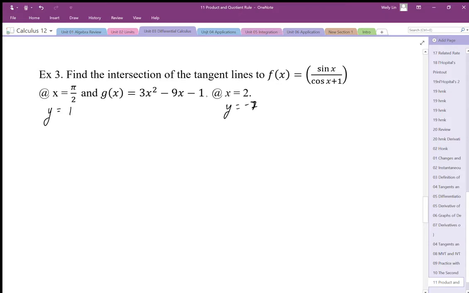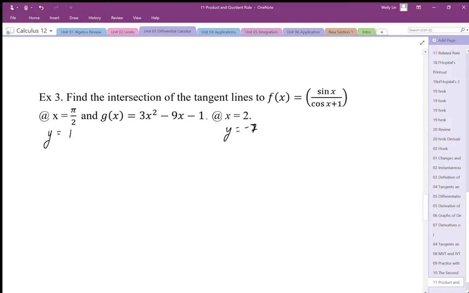Okay, so then for this first one, this is a quotient, so I need to apply the quotient rule. So f prime of x: there's my numerator, and there's my denominator. I apply my rule.